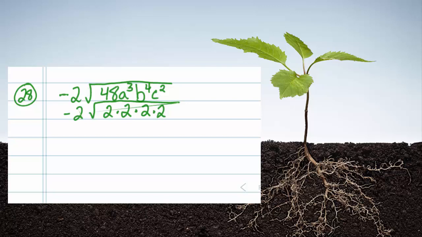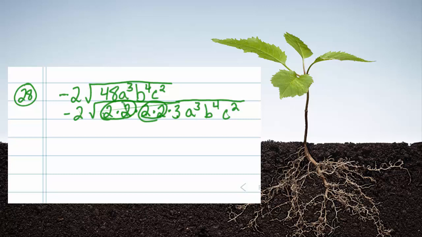That would leave me with 6. 6 is also divisible by 2. That would leave me with 3. Now just to check to make sure we did all this right, 2 times 2 is 4, times 2 is 8, times 2 is 16, times 3 is 48. So we know we did our factorization correctly. A to the 3rd power, b to the 4th power, c squared.